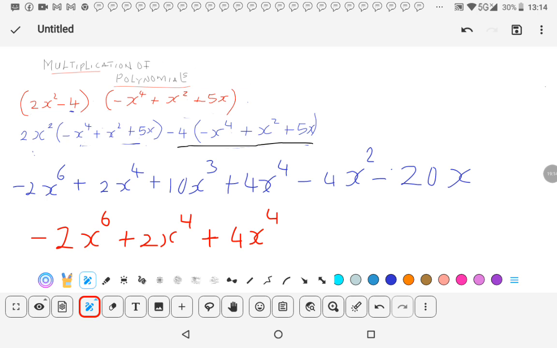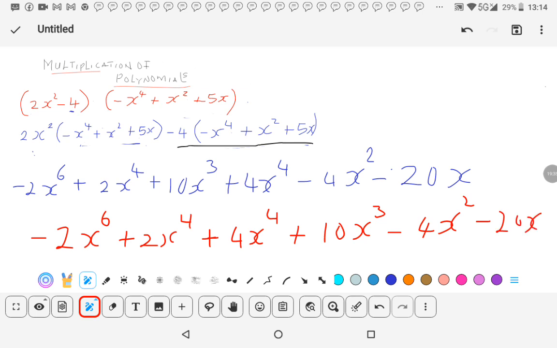Then followed by plus 10x, which has the power of 3, followed by minus 4x, which has the power of 2, and I think the last one is minus 20x.